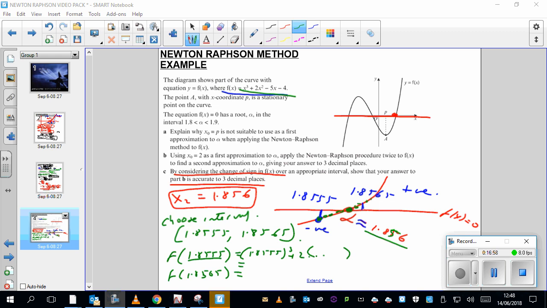So if I put that in, answer cubed plus 2 answers squared minus 5 answers take 4, I get minus 0.00347 blah blah blah, which is less than 0, which is what I expected. I expected a negative answer.